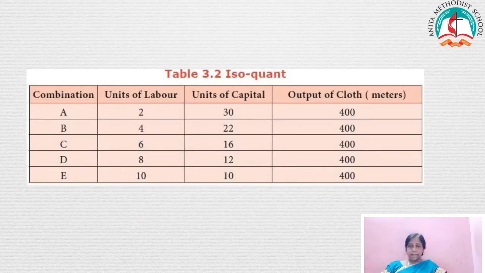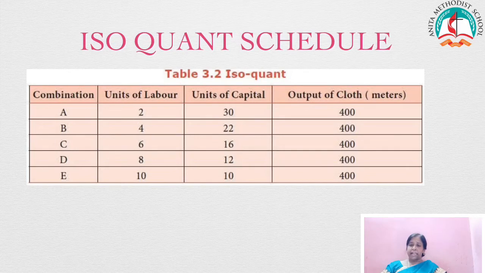Children, let us learn the isoquant schedule. There are two factors, namely capital and labor. With the help of these two factors, we are going to have 5 combinations: A, B, C, D and E. In the first combination A, we have 2 units of labor and 30 units of capital, and the output will be 400 meters of cloth. The B combination has 4 units of labor and 22 units of capital, and we have 400 meters of cloth.